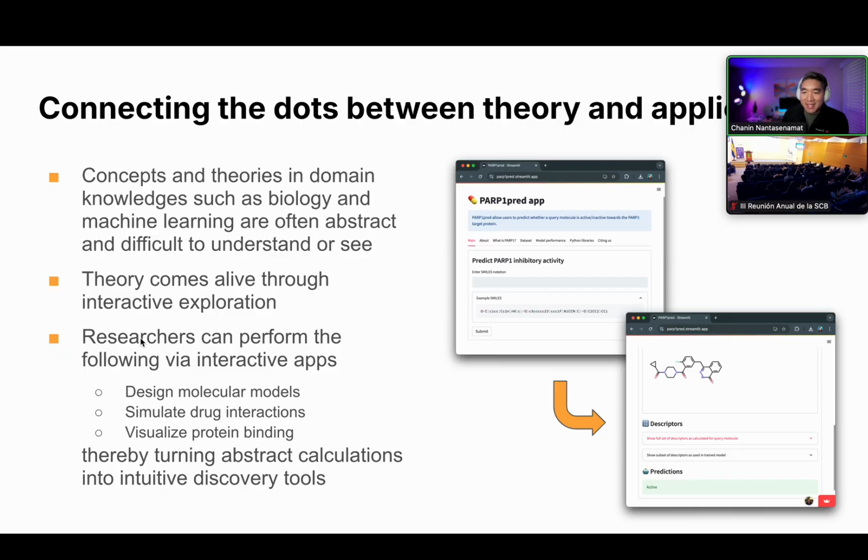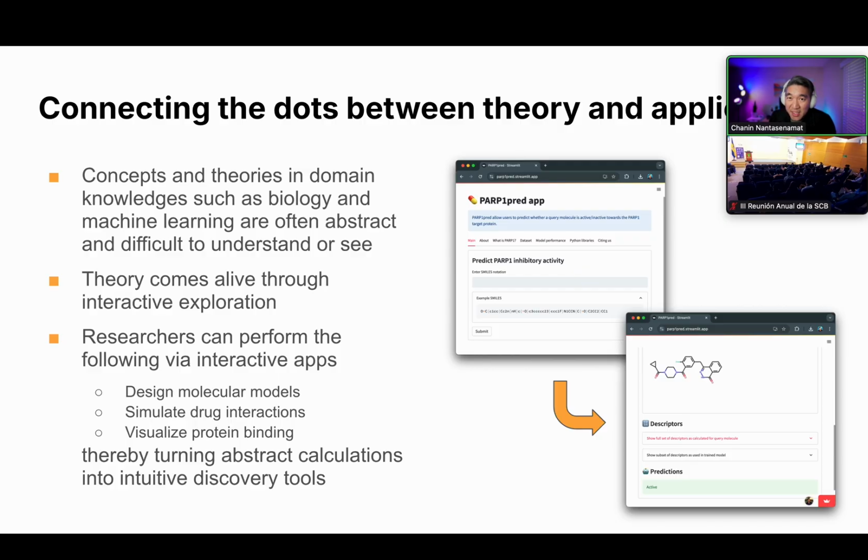And having interactive data apps allows you to have conceptual ideas or theory come alive through interactive exploration. So now researchers could do many things, right? Using these interactive apps, they could design molecular models. They could initiate protein folding simulation experiments. They could visualize how proteins are binding to other ligands.